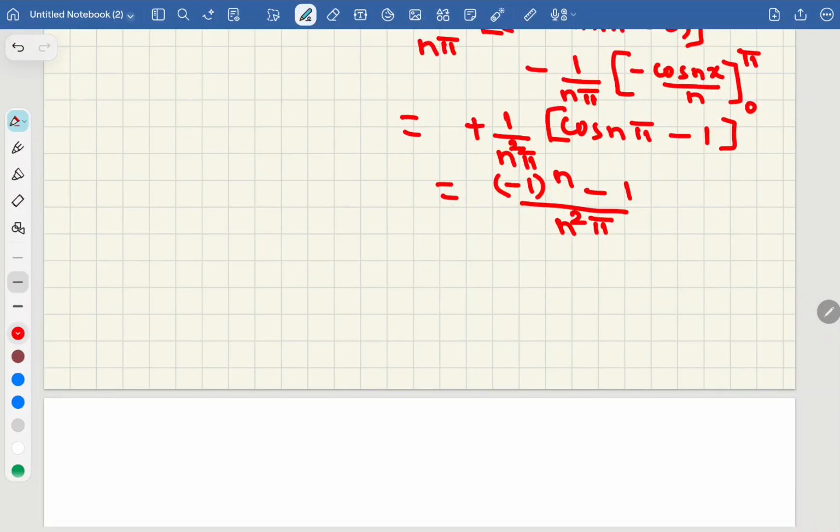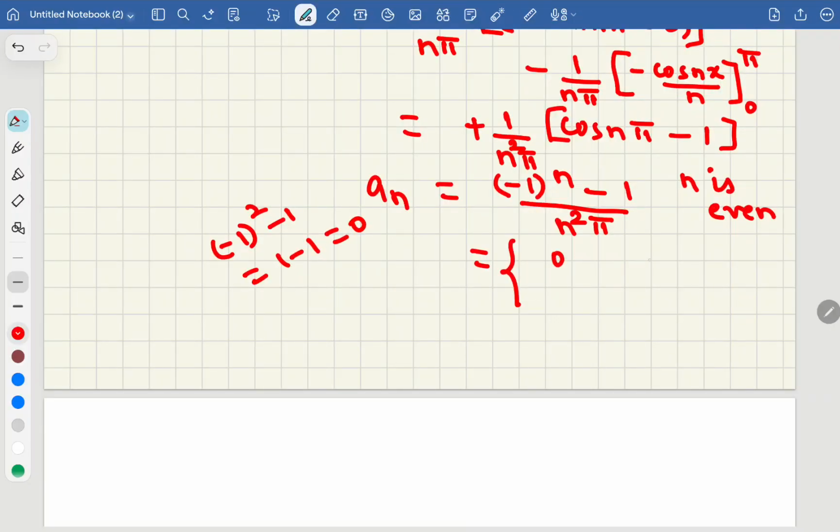See, an has two values. If n is even, minus 1 square minus 1, 1 minus 1, 0 when n is even.